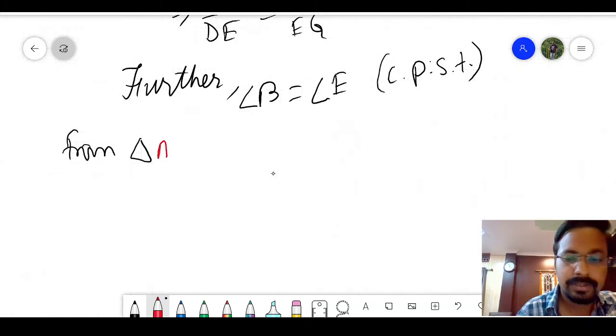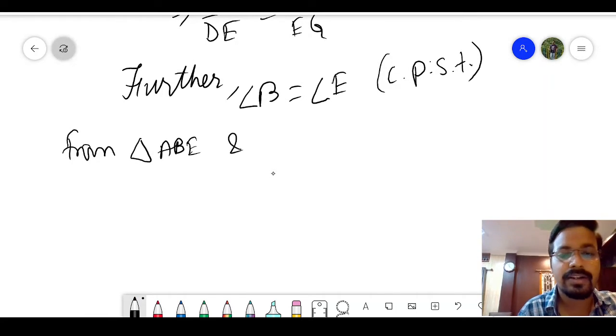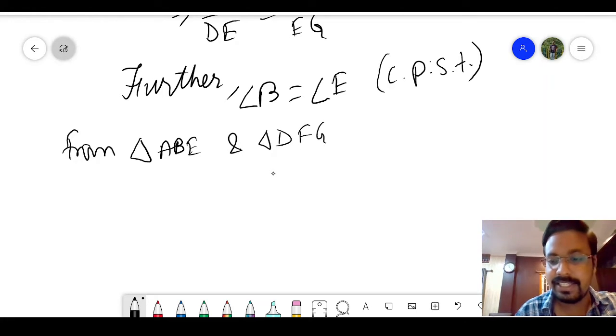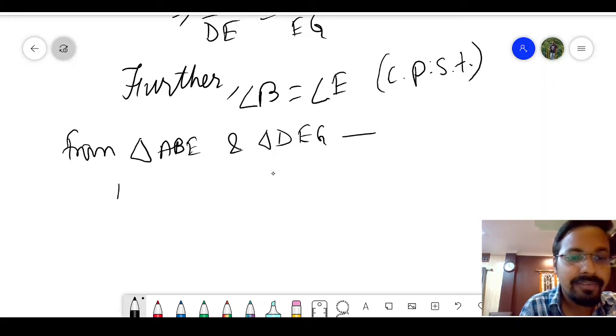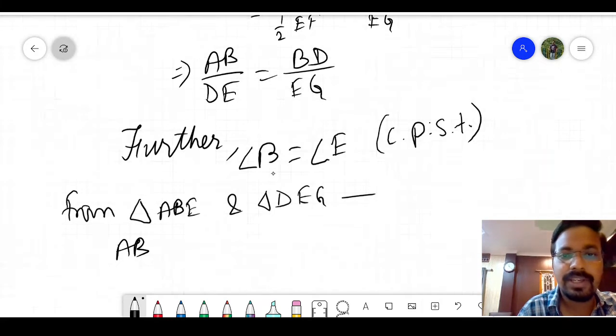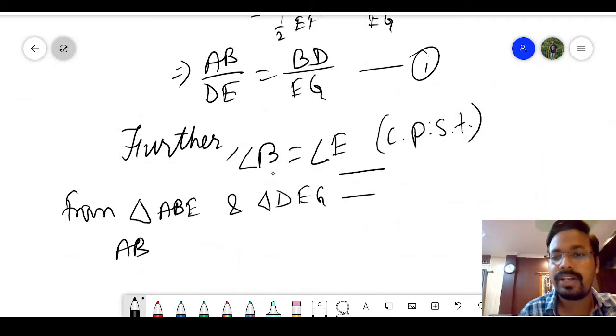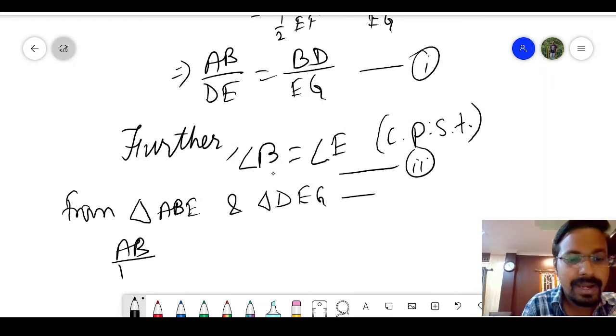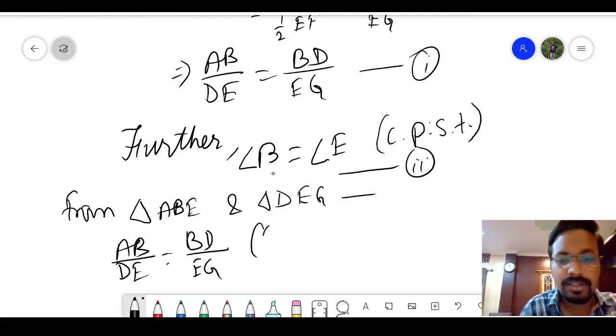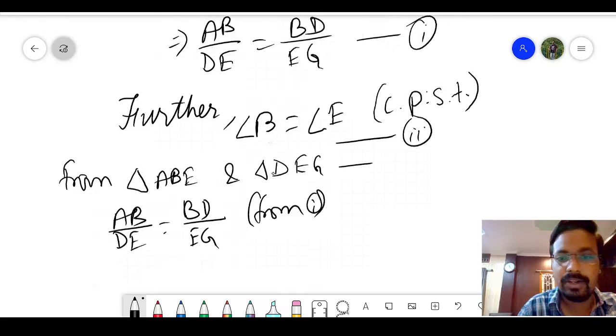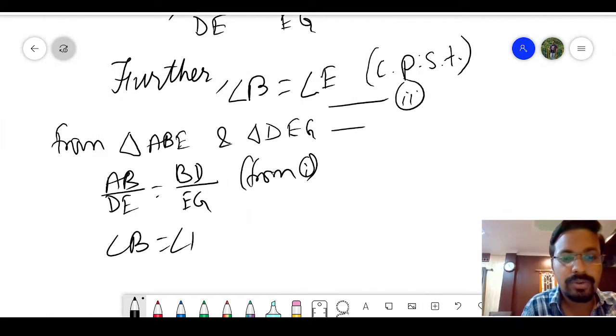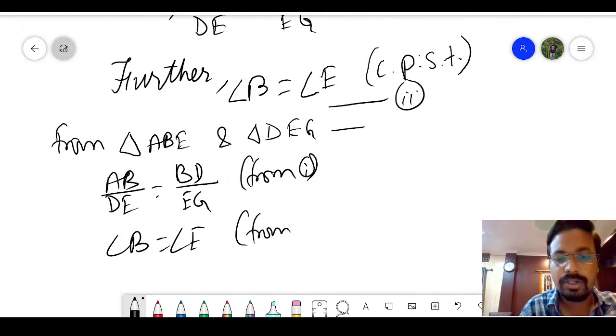From triangle ABD and triangle DEG, what do we have? We have AB by DE. We can take this as number 1, and this as number 2. We have AB by DE is equal to BD by EG, and also angle B equal to angle E. This is from number 2.